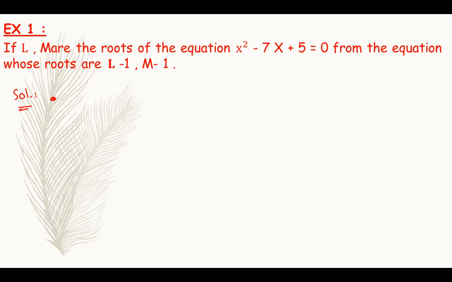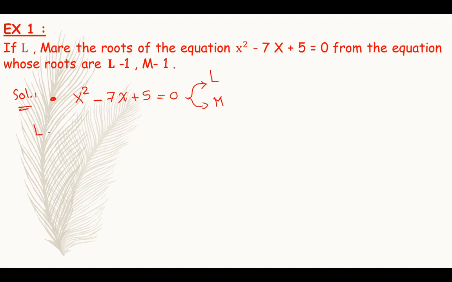The first step: we are going to take the given equation, x power of 2 minus 7x plus 5 equals 0. This equation has two roots, L and M. Okay? From this equation, we will find the sum of the roots.